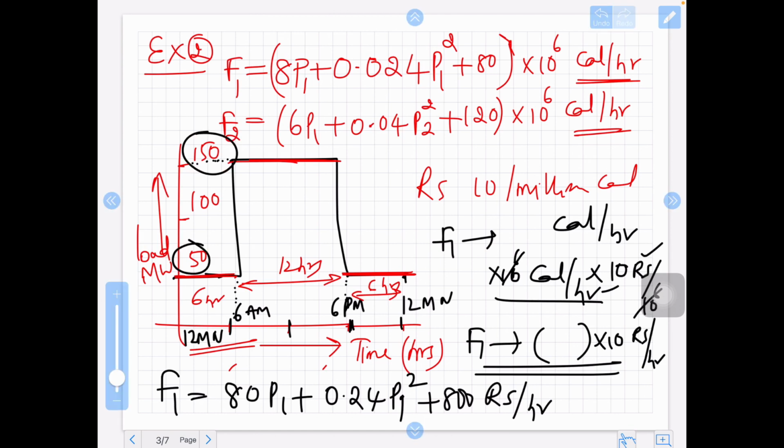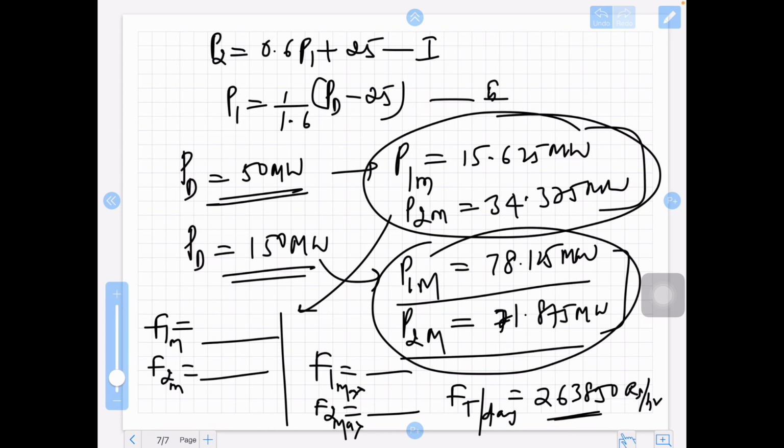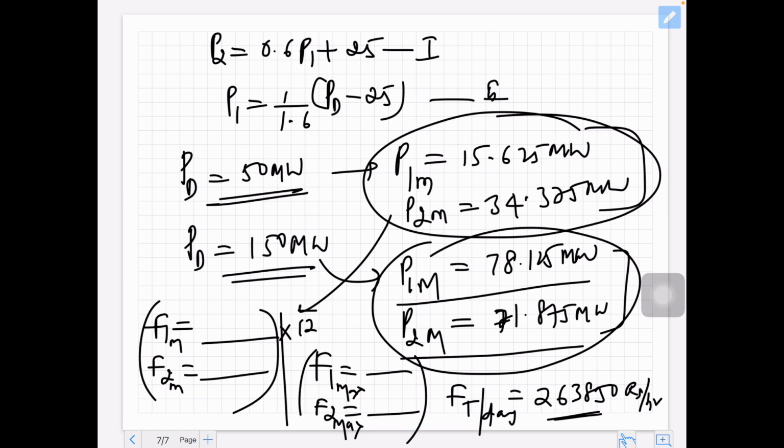Minimum is 50 megawatt, which holds for two slabs, 6 hours and 6 hours, that is 12 hours. You have to find that, and next find this one as well. The answer you get here, multiply with 12 hours; the answer you get here, multiply with 12 hours. Thereby you will get this answer. I think you understood this.